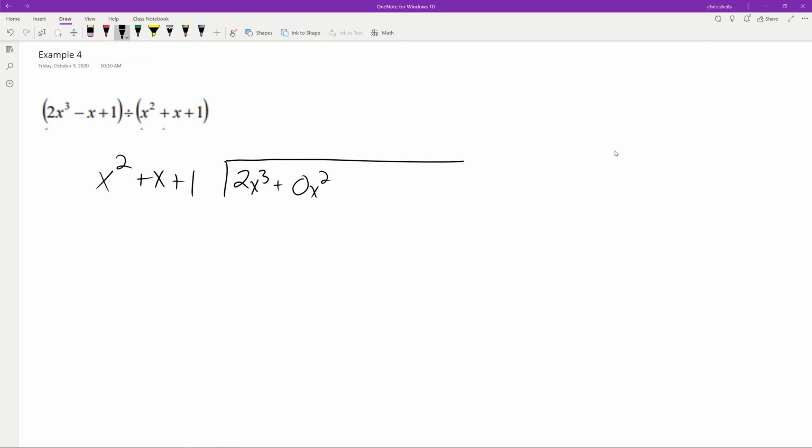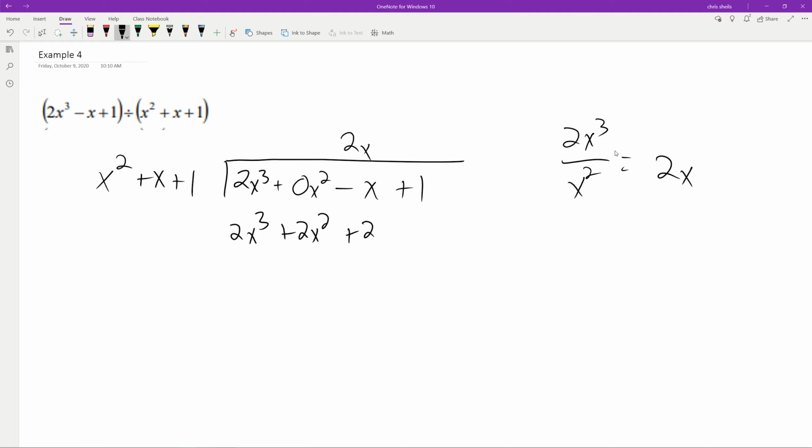I have to leave a placeholder for the x squareds that I'm missing here. X squared goes into 2x cubed, or in other words, 2x cubed divided by x squared. This is 2x times x squared plus x plus 1 is 2x cubed plus 2x squared plus 2x.